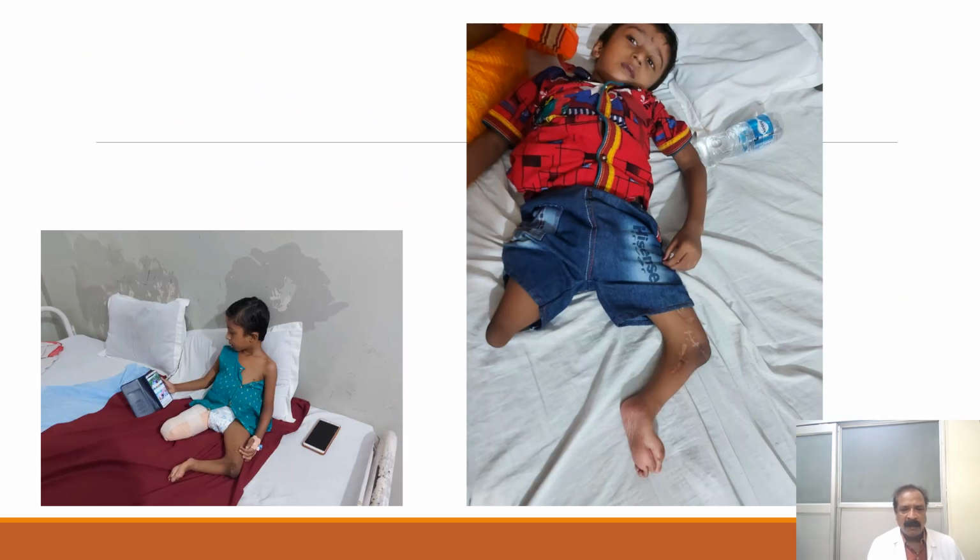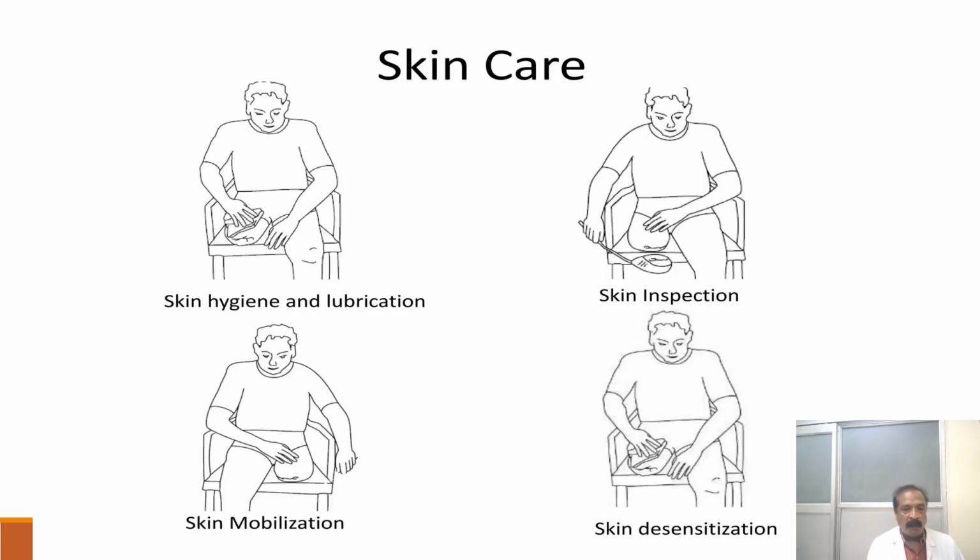For example, a child having an above knee amputation needs proper stump bandaging. Remember, for a long time the person should not sit like this. Either he should sleep prone or supine. If they sit a long time like this, it will lead to flexion deformity of the hip joint, in which prosthesis fitting will be a problem.